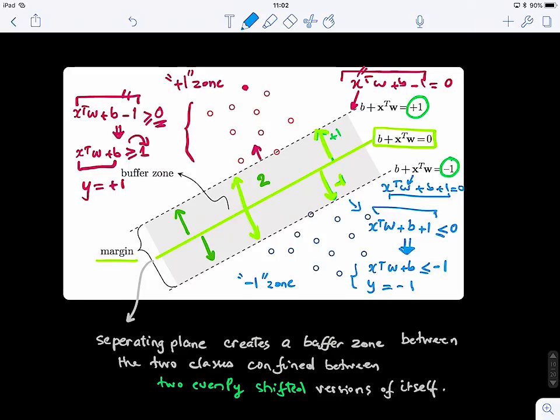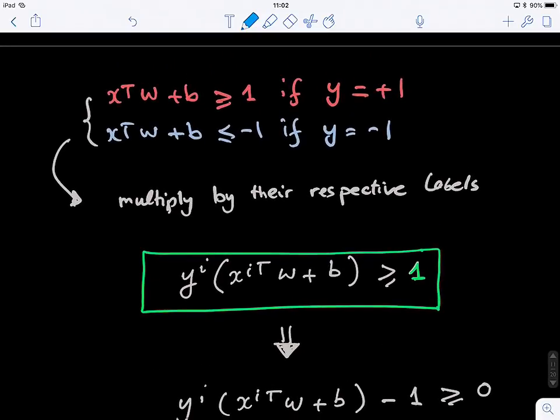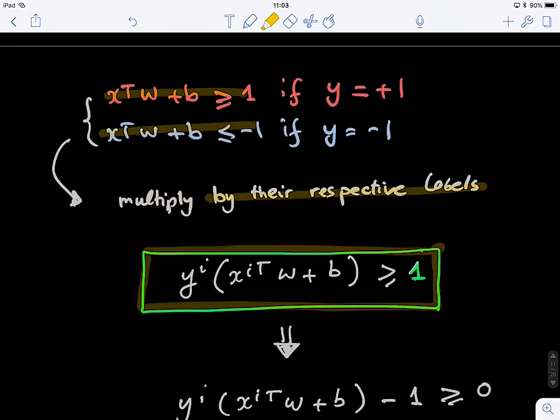So for the margin perceptron, we have these two new conditions, right? And if we multiply by their respective labels, we get this unified inequality for both correctly classified points above and below the margin hyperplanes.